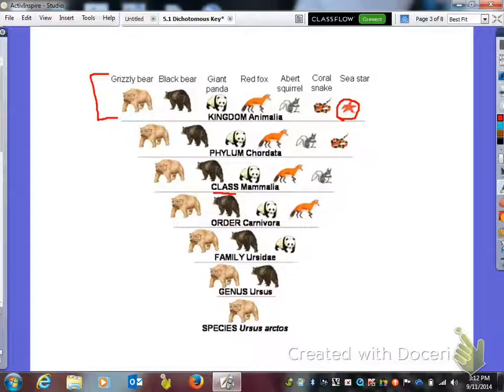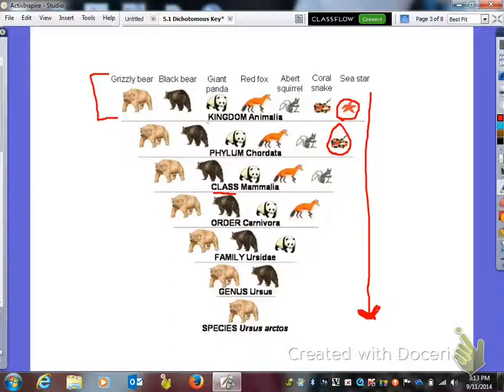A mammal has to give live birth to young, have hair, and feed its young milk. So that knocked out who? The snake. So you can see as we go down that these become more similar to each other, and more closely related in their characteristics.